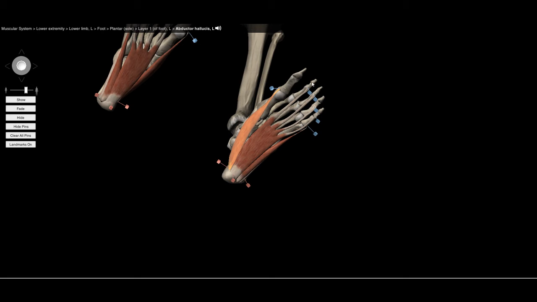Anything away from that is abduction. Anything toward it is adduction. So that's a significant difference in how we describe motion in the toes relative to abduction and adduction.